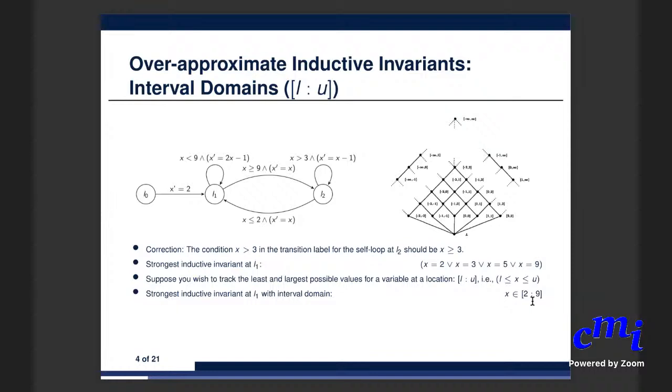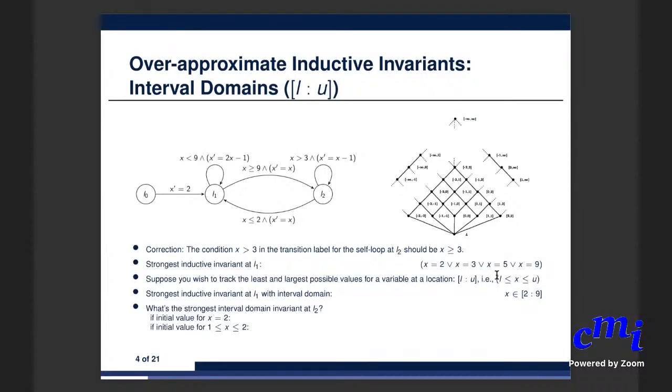It is an over approximation in the sense that it permits values that are not possible in the actual program. Okay, but for example, if your property is about overflow and underflow, that overflows and underflows don't take place at various locations, then computing inductive invariance in these abstract domains is good enough.